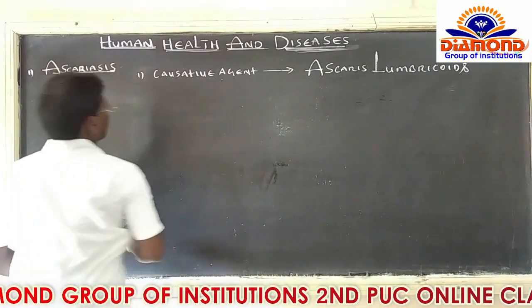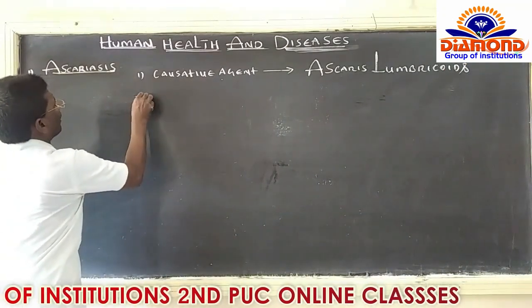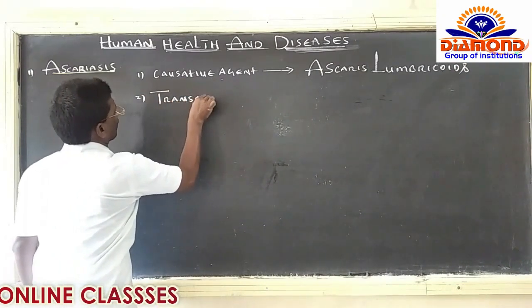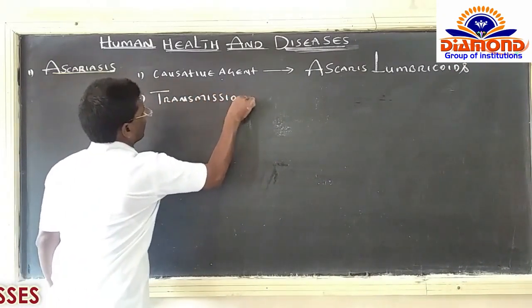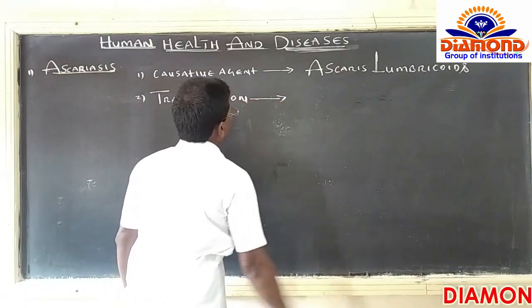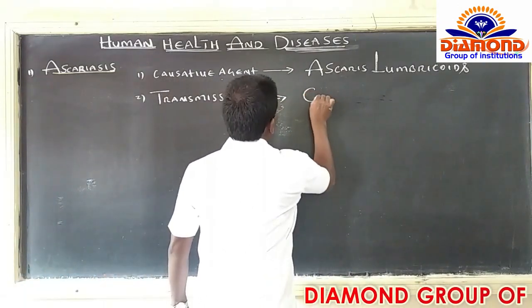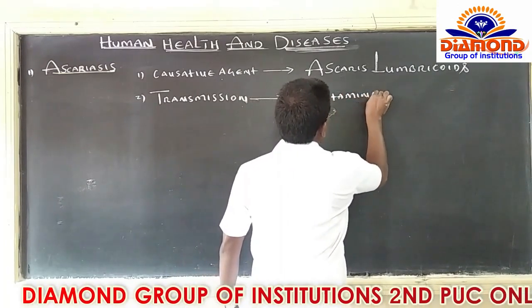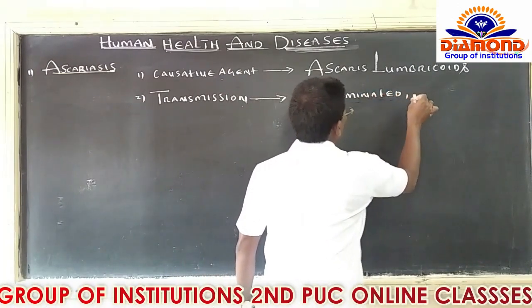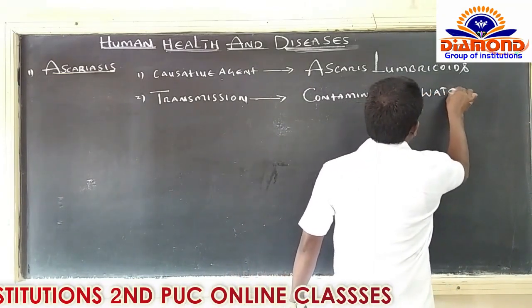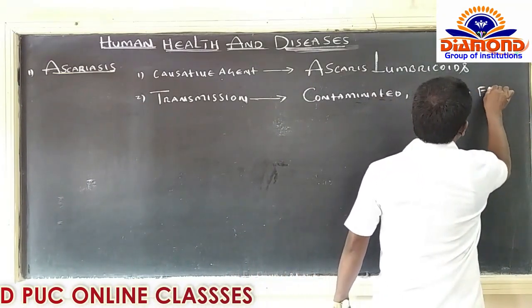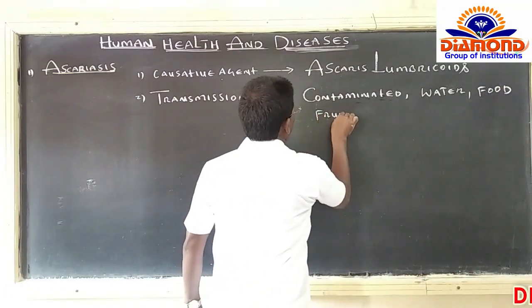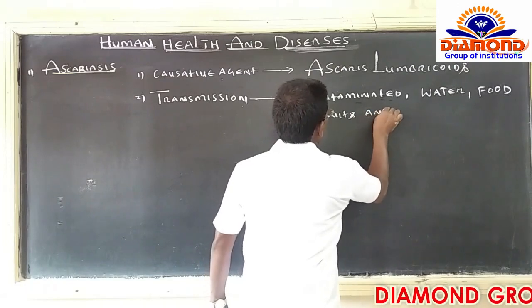The second one is transmission. The transmission of the disease is through contaminated water, food, fruits and vegetables.